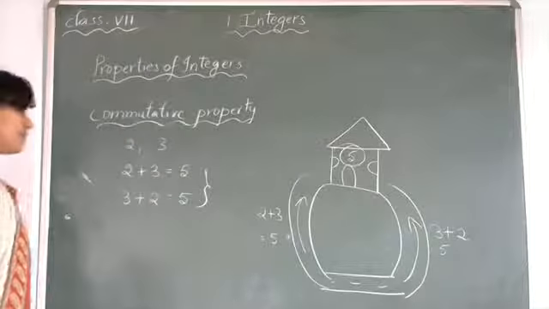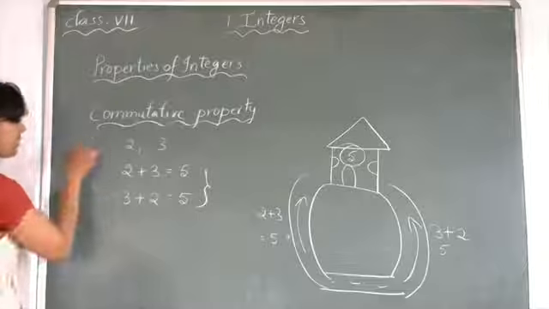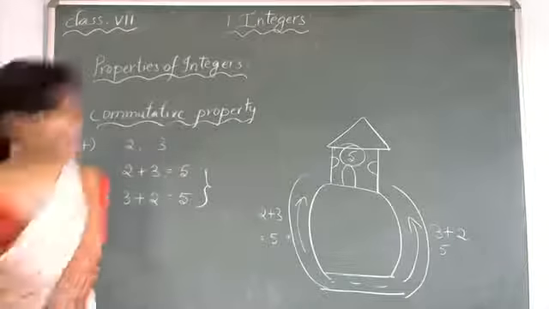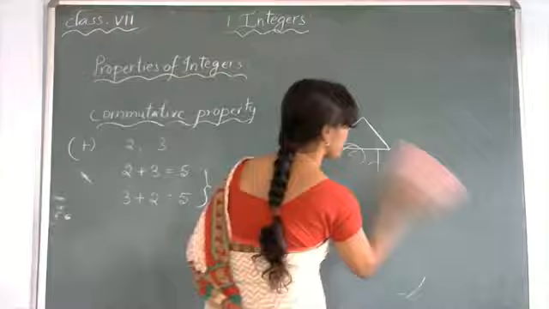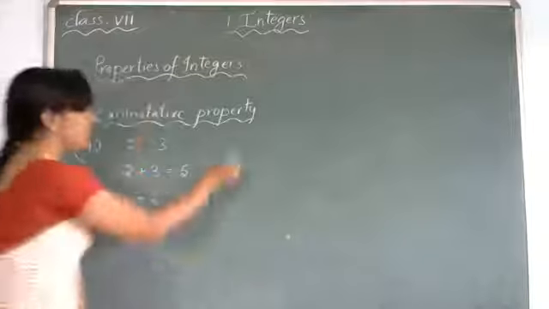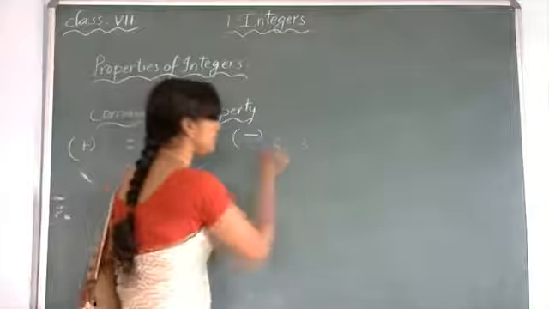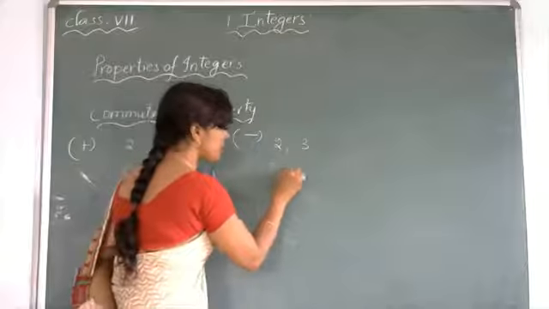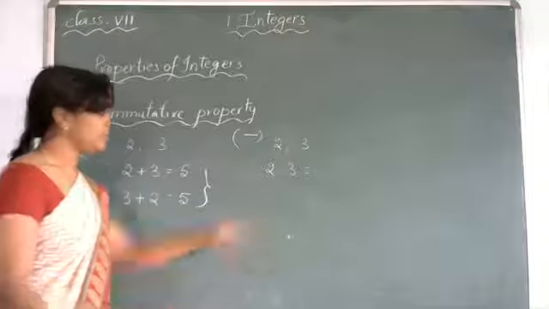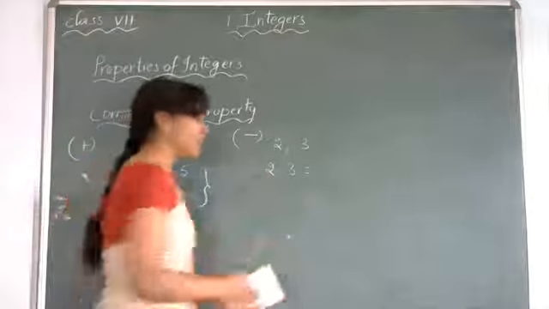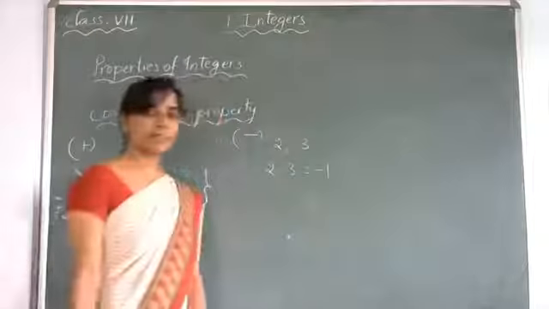Then what about subtraction? Let me take two integers, 2 and 3 only. 2 minus 3: if we subtract 3 from 2, the result is minus 1.